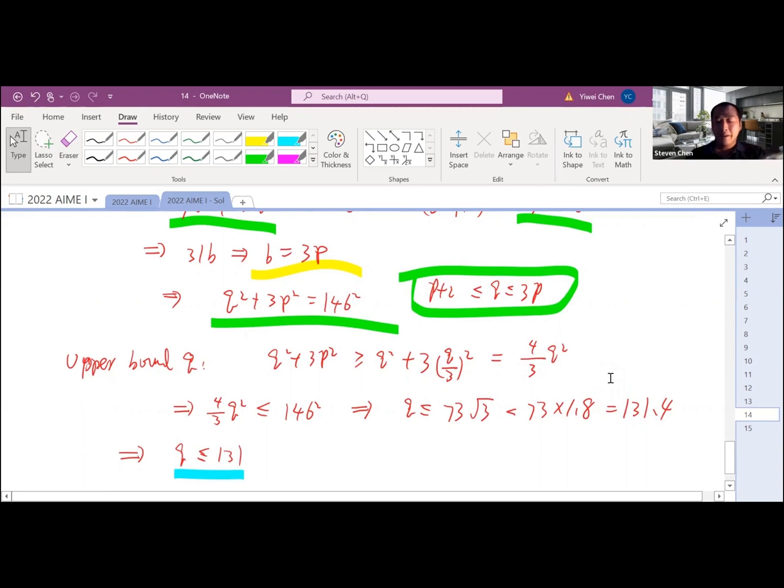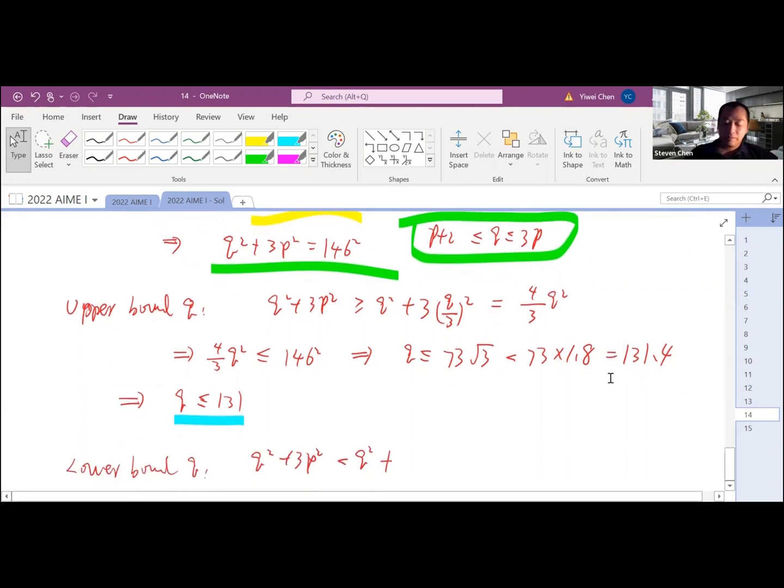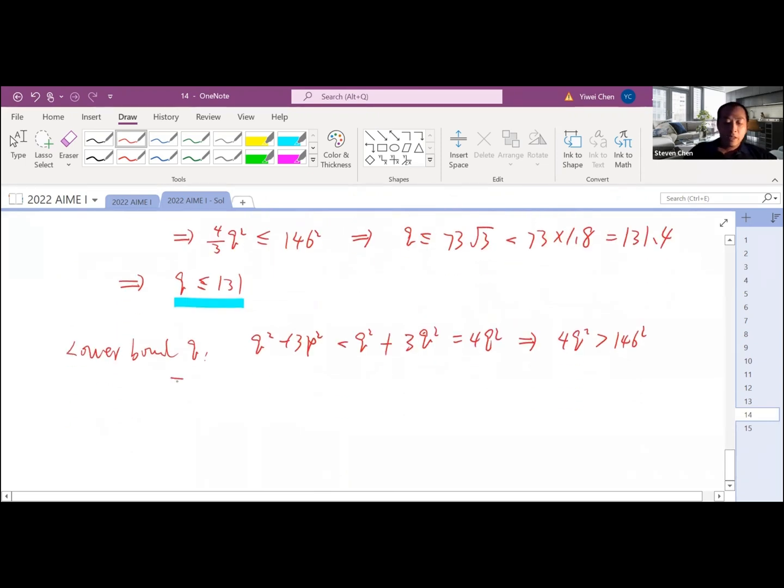So it's obvious that P is less than Q. Okay. So this tells us that this is bigger than this number. So this implies Q is bigger than 73. Because Q is an integer, the lower bound of Q is 74.